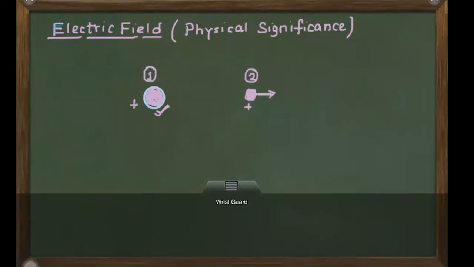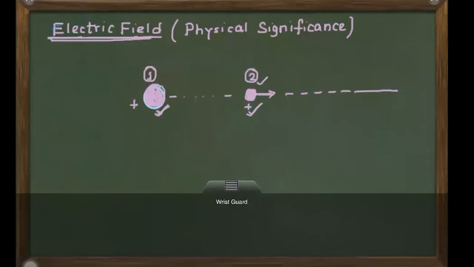So what is electric field? Can we define the area, the region, the range up to where this second charge will experience the force? Up to where the second charge will experience the force due to the first charge is called the electric field of the first charge.